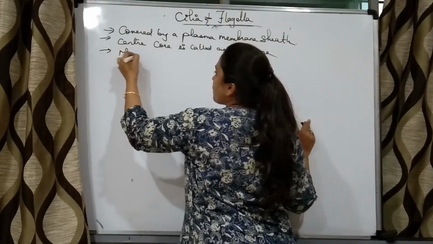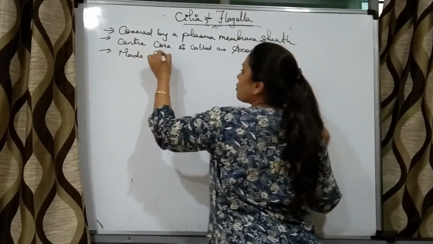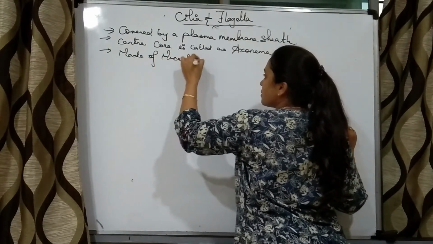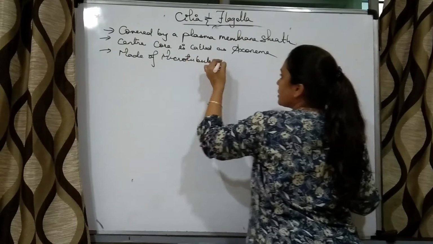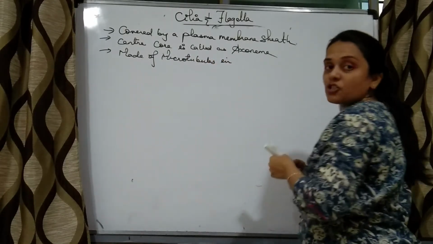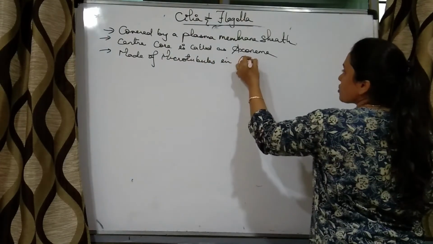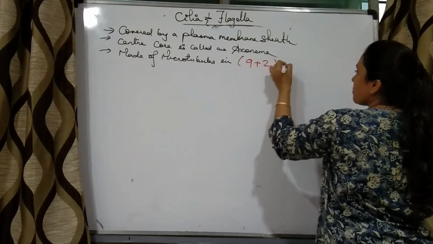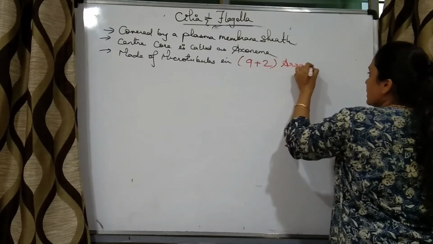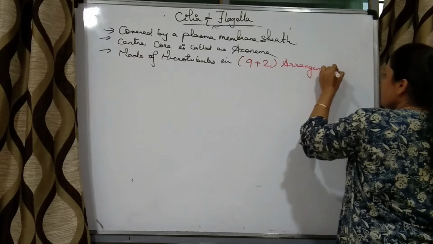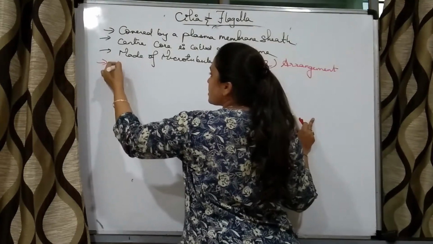And it is made up of microtubules in an arrangement. That arrangement is called the 9 plus 2 arrangement.